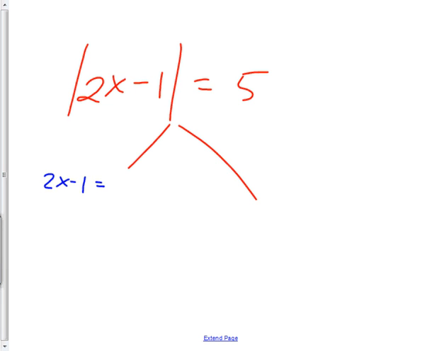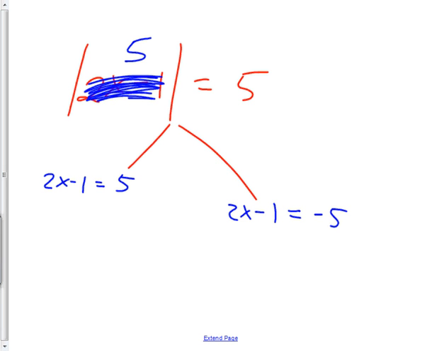2x minus 1 equals 5, exactly what you see. And then 2x minus 1 equals what? -5. Because we want what's underneath here to either be a 5, because see, that would work, or we want it to be a -5, because see, that would work.